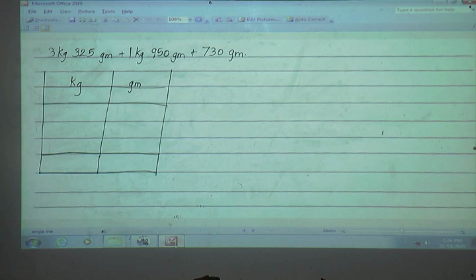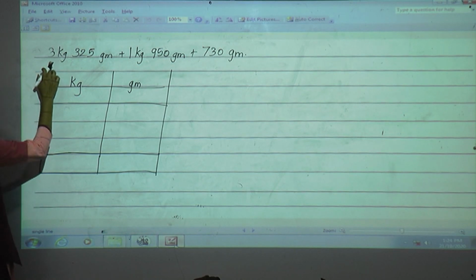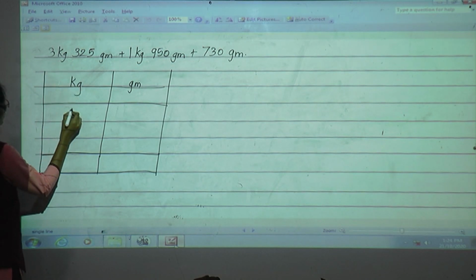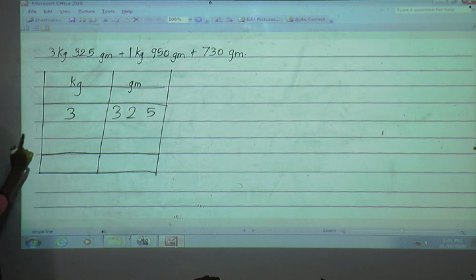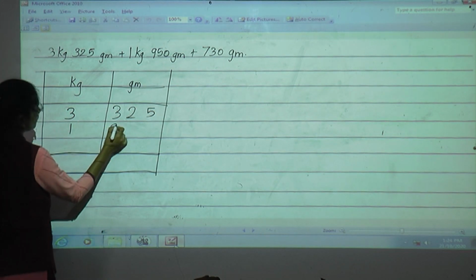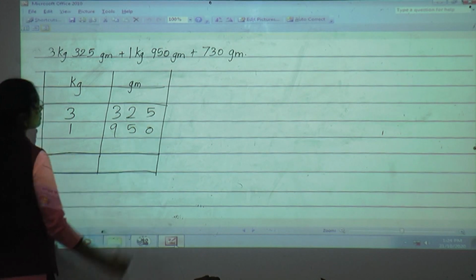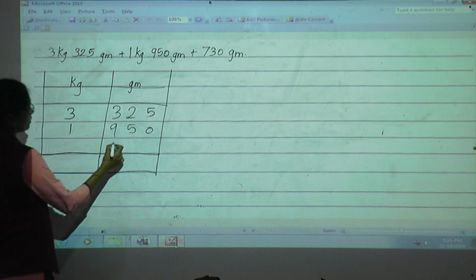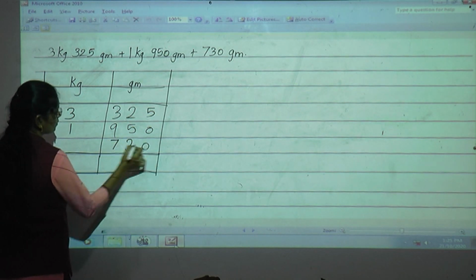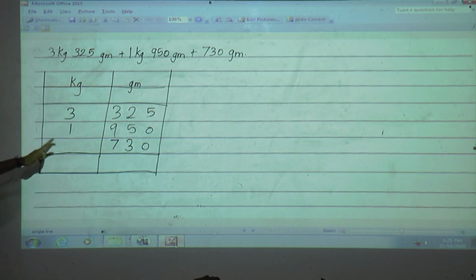Now you have to fill the given values. 3 kg 325 grams. Then what is the weight of the exercise book? 1 kg 950 grams. And the weight of the empty school bag is 730 grams. So don't write anything in the kilograms column. Now we'll add all these three weights.